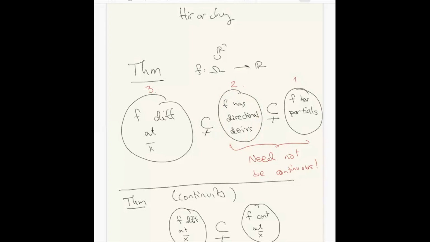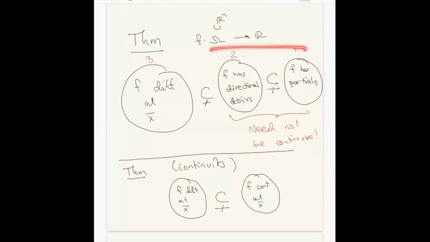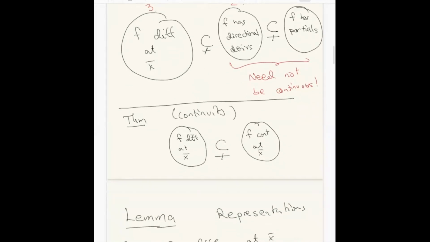After that, you have directional derivatives, and the weakest one is having just partial derivatives. These weak notions don't need to be continuous, but the strongest notion does imply continuity. So the strongest notion is the real analog of having a derivative, whereas these two are some kind of artifact of working in higher dimensions.